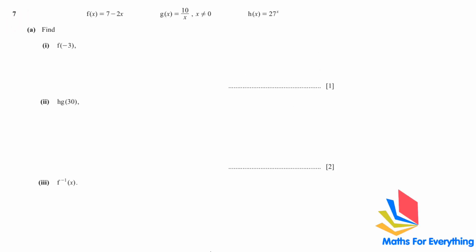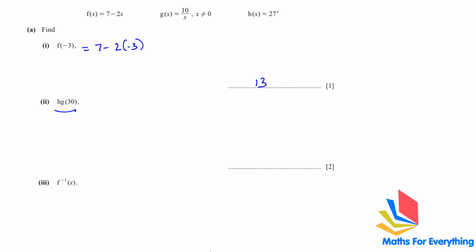Question number 7. This is a function question. The first question. Find f of negative 3. In place of x in f of x, we'll substitute negative 3. That will give you 13. Next, find h of g of 30.